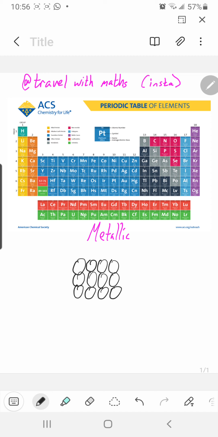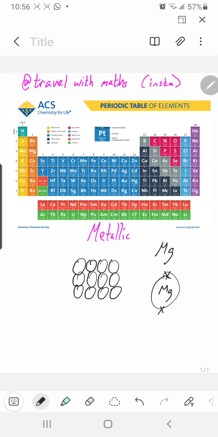So now let's say I want to draw magnesium. Magnesium is in group 2, so we expect 2 electrons in its outermost shell.